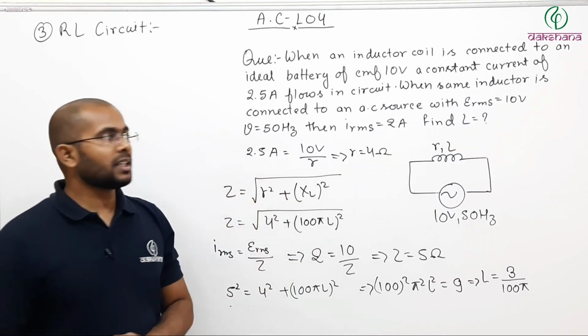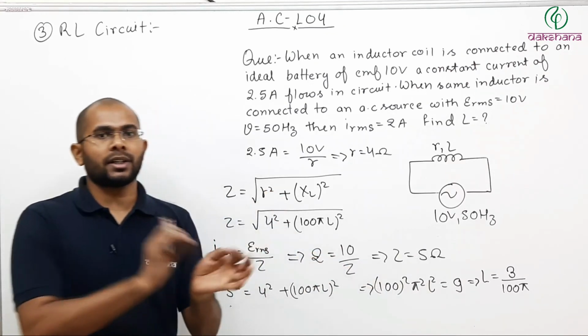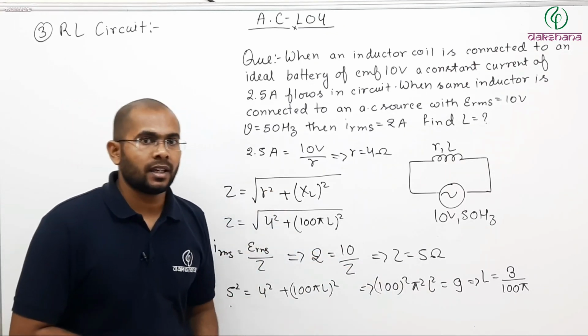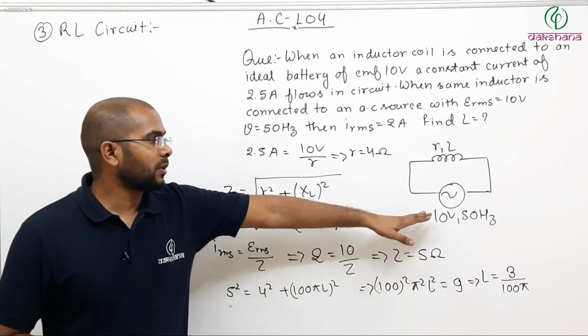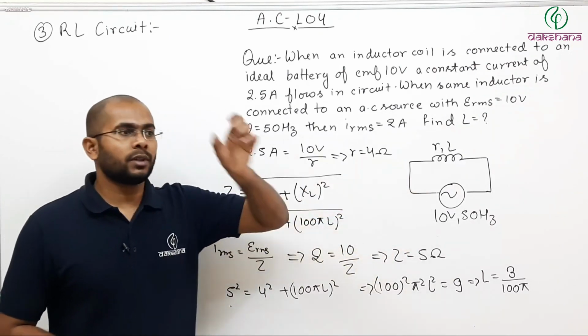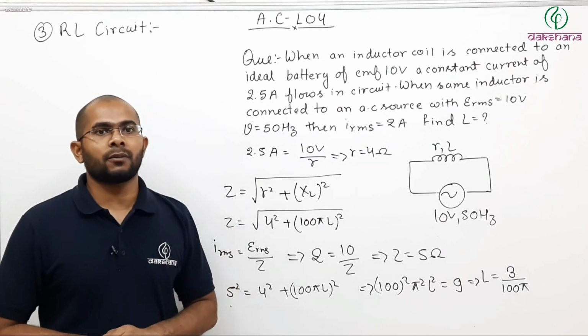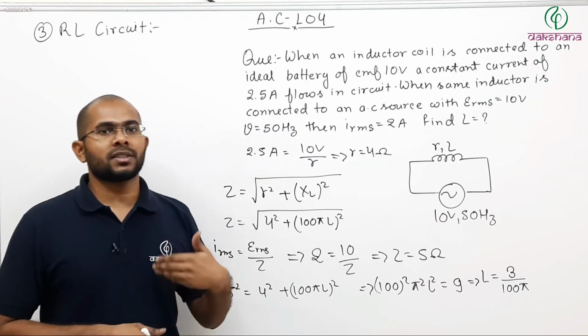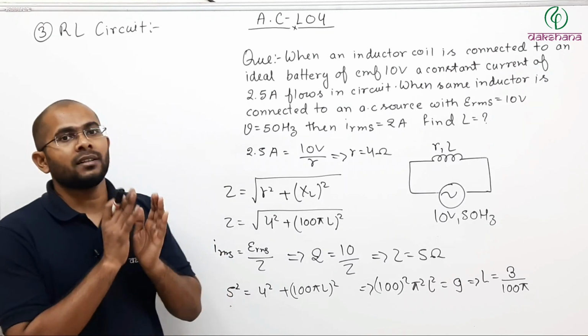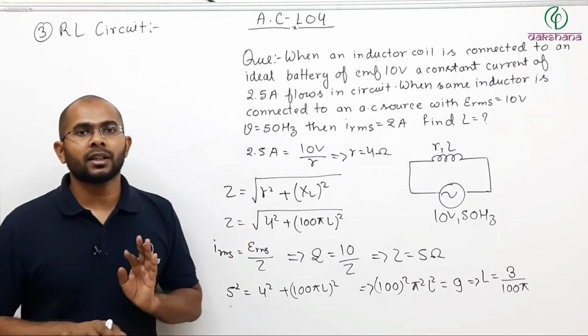So in case of constant current, do not take XL and XC. For example, a battery and you add a capacitor. So as you know, if you add a capacitor across a battery, what happens? After some time the capacitor gets charged and your current stops. So you have to be careful.